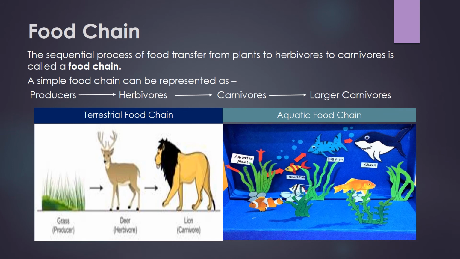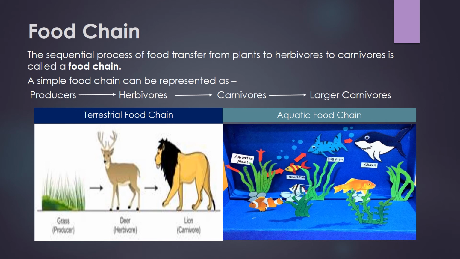Now I will discuss the food chain. A food chain is the sequential process of food transfer from plants to herbivores to carnivores. Our earth contains many green plants, and green plants are the only ones that prepare their food on their own with the help of photosynthesis.